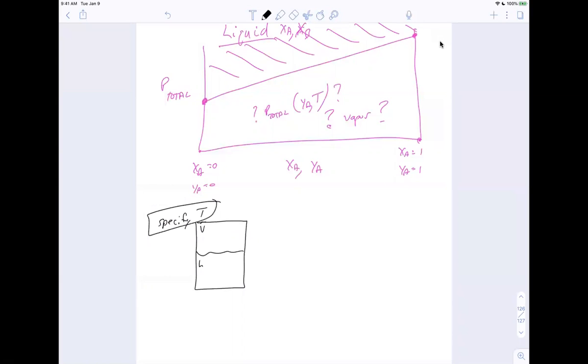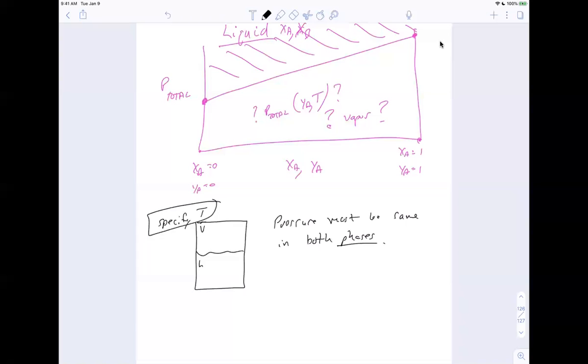So we know that once we specify temperature in the system, if we don't specify all of the compositions, the pressure must be same in both phases. Okay, we can't have anything that's different.